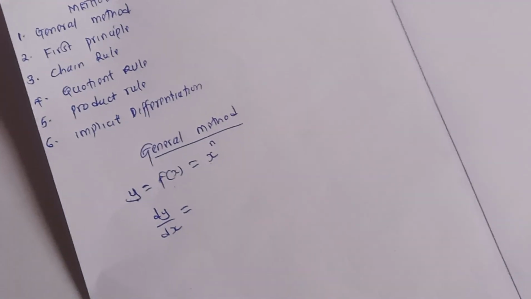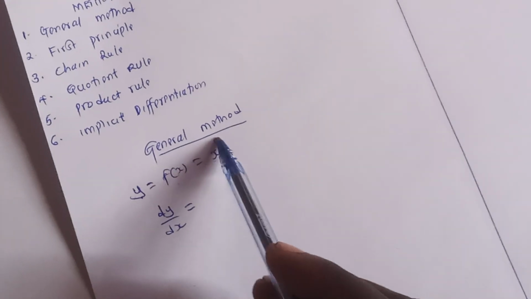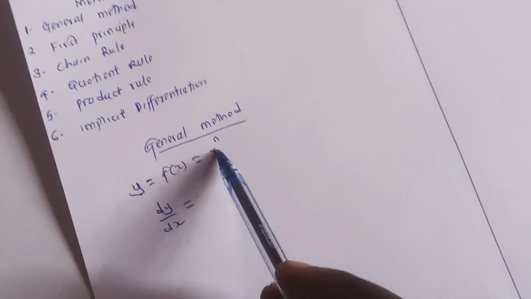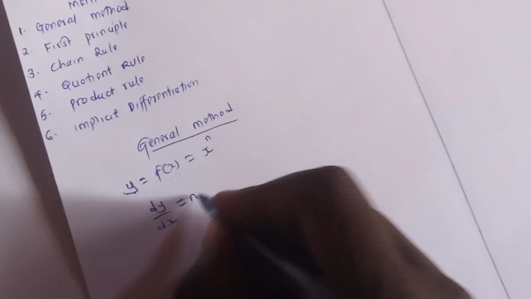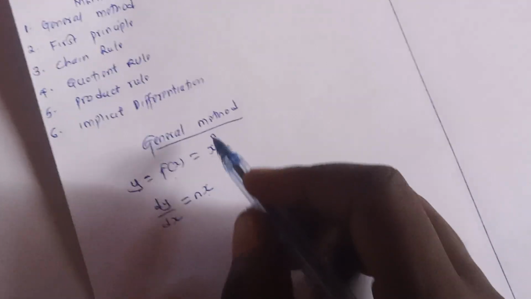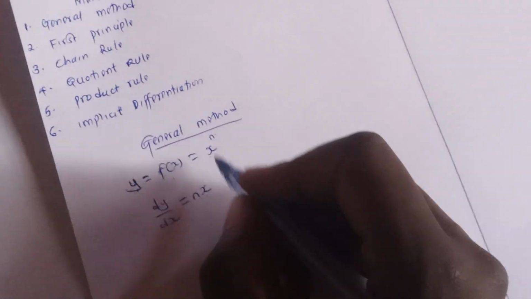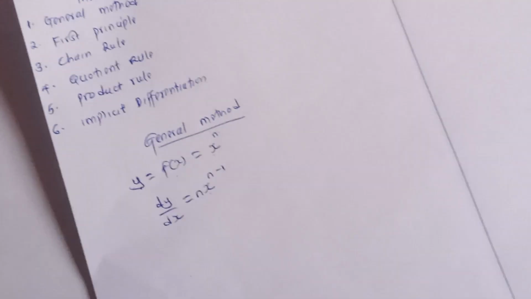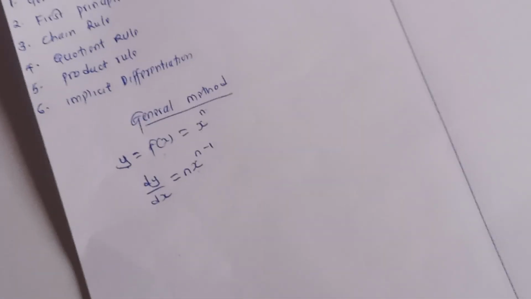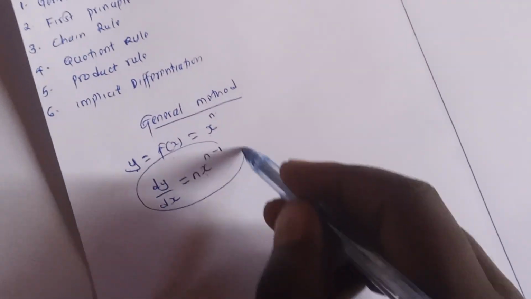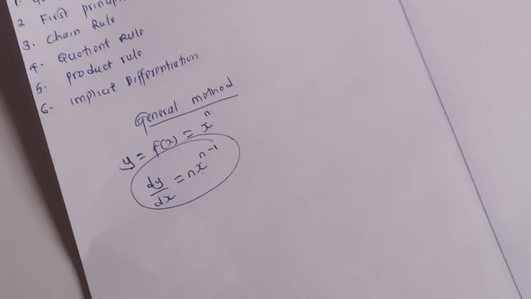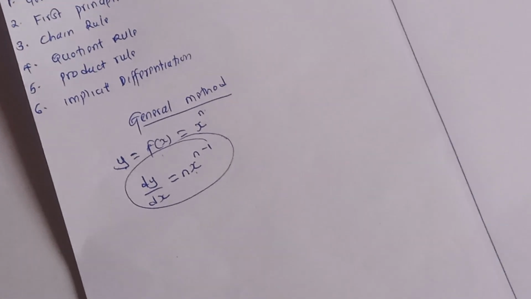In differentiation, we always take the power and attach it to the base, so we have n multiplied by x, then we take 1 and subtract it from the power, so we say n minus 1. I hope you are getting it clearly. This will be our general formula for differentiation under the general method.